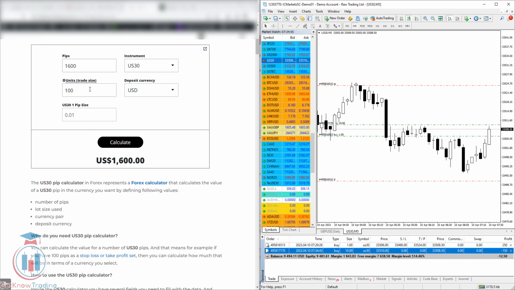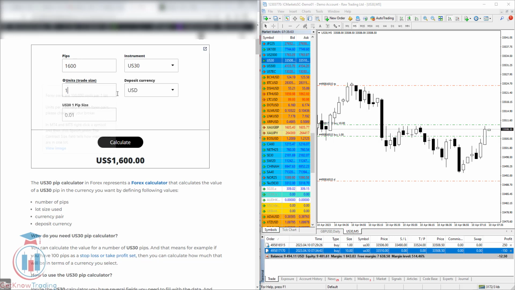So in this case, you leave units at 1 and then make the calculation here. But if you change units to 10 times more, because we have opened 10 lots, which means 10 units, then you make a calculation, it says you will make $160 on this trade.